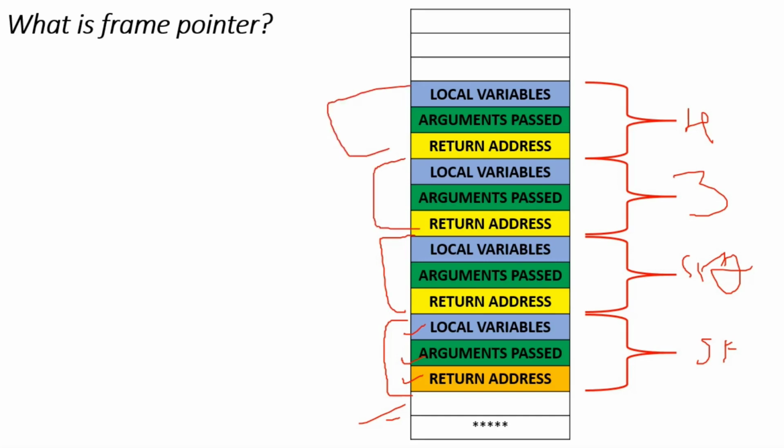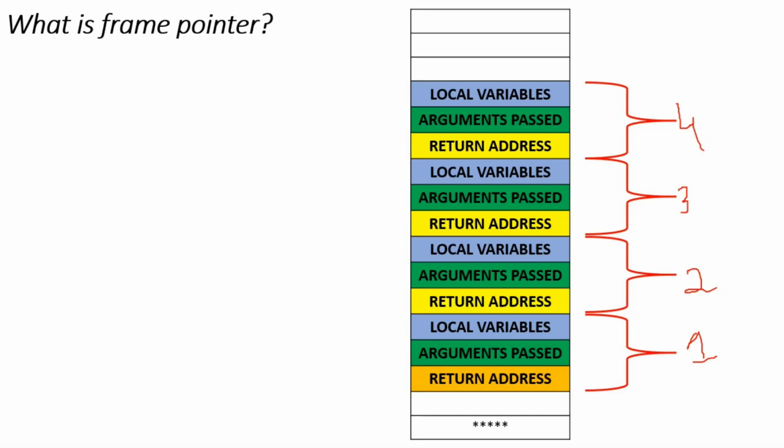Now how SP works here: the stack pointer always points to the top value present in the stack. Currently the stack pointer points to this part of the stack, because this is the last stack frame pushed. When we return from a subroutine, this particular part is removed from the stack, that is, popped out. When this is popped out, the stack pointer points to the beginning of the next stack frame.